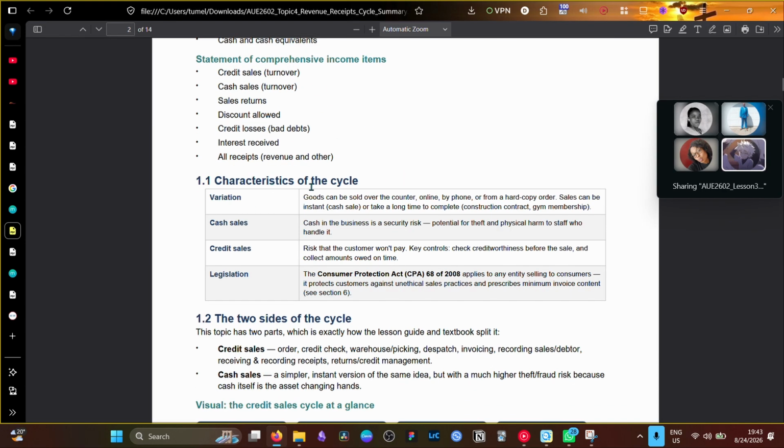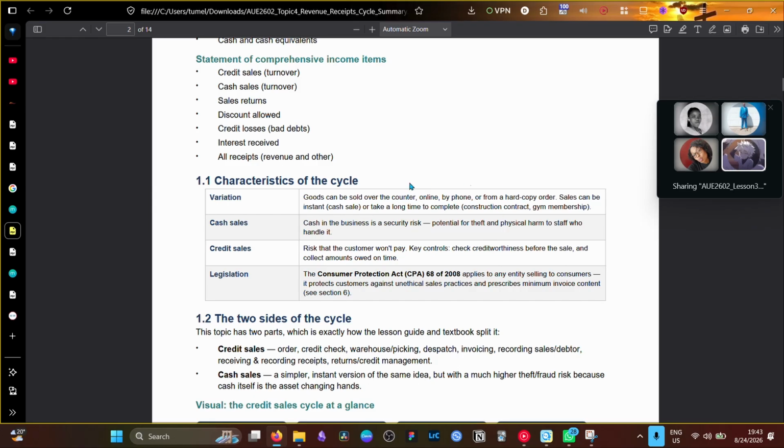Now, the characteristics of the cycle. Variation. Goods can be sold over the counter, online, by phone, or from a hard copy order. Sales can be instant or take a long time to complete.